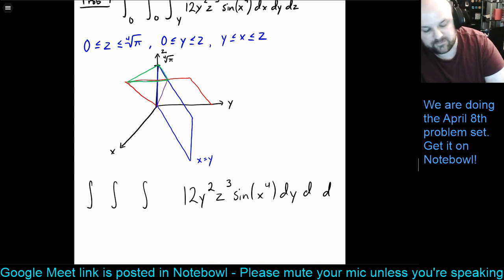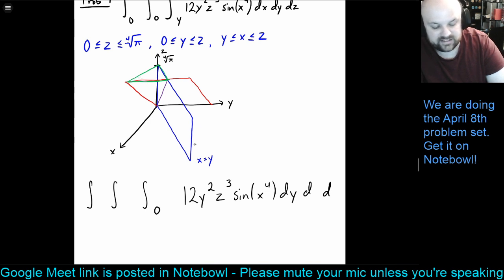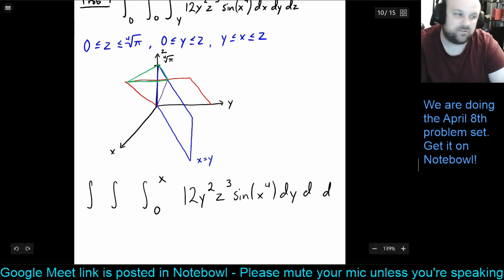So the back of y sits on the xz plane, so the lower bound is 0, and y goes forward all the way until it hits this x equals y plane here, so it's just got to be x. So y is only going to go from 0 to x.